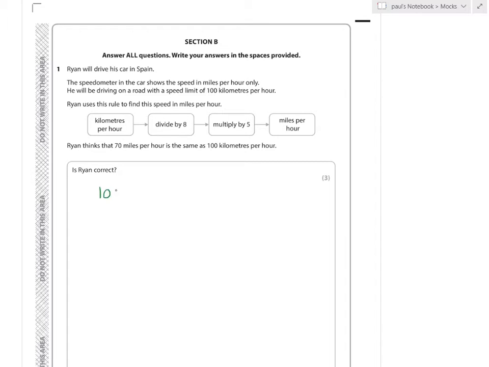So we've got 100. He thinks that 70 miles is the same. Okay, so divide that by 8 and then multiply that by 5 and that will equal the miles per hour. Right. Okay, calculator paper. So 100 divided by 8 times 5 is 62.5.